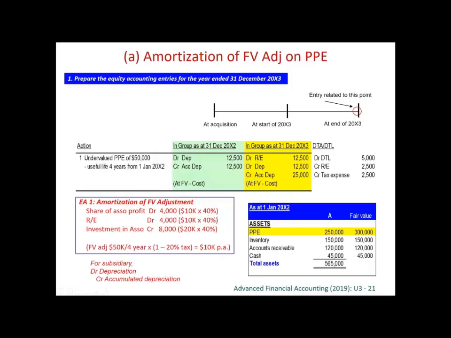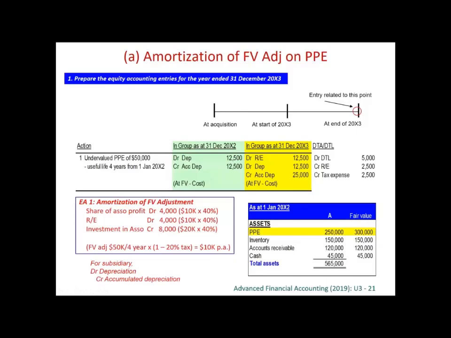This is the second year, so this is for the current year depreciation adjustment. And for the last year, we debit retained earnings. In total, this represents 2 years of adjustments for the accumulated depreciation.